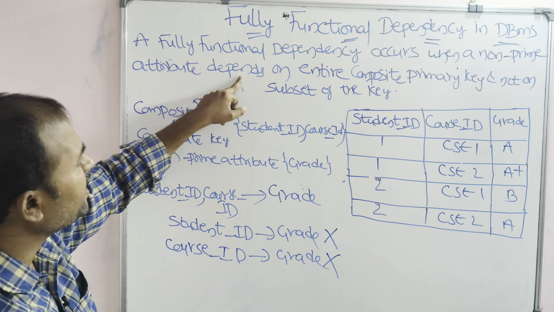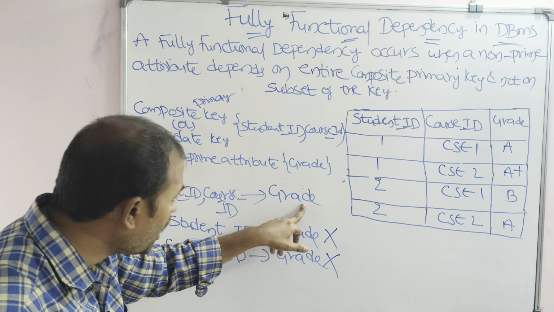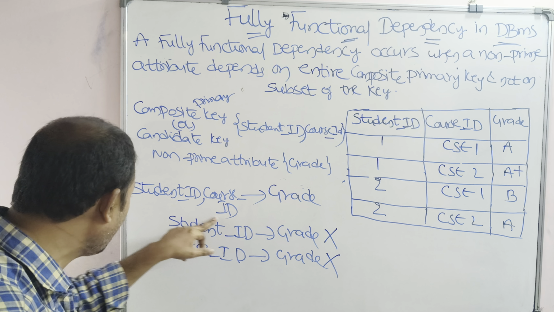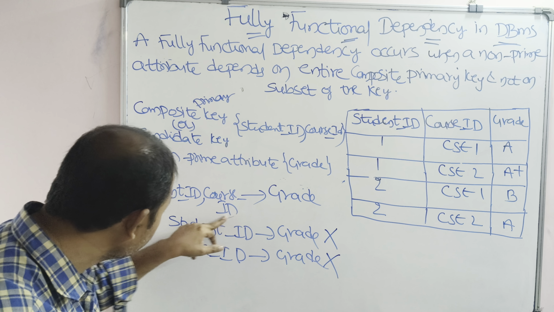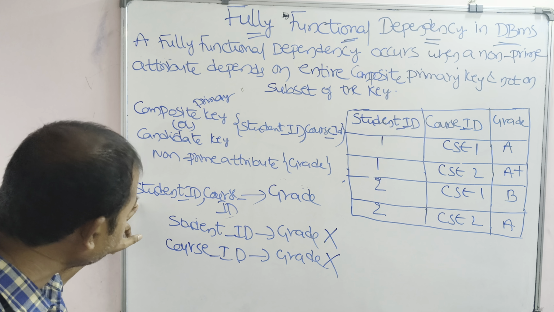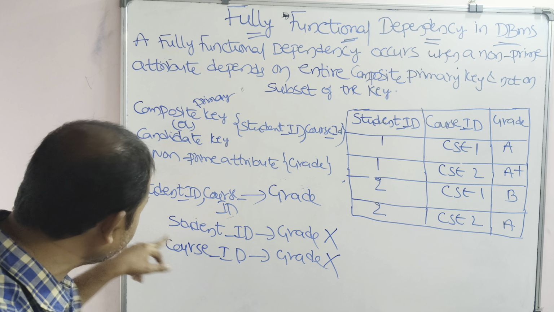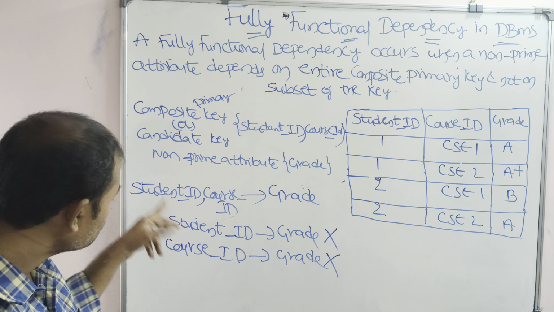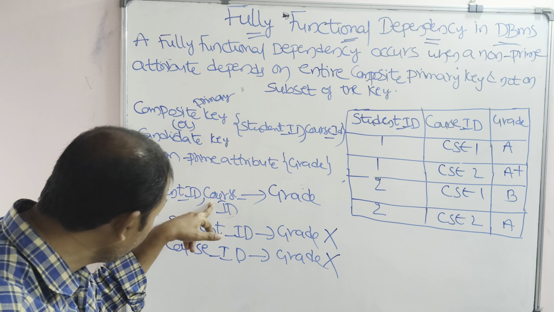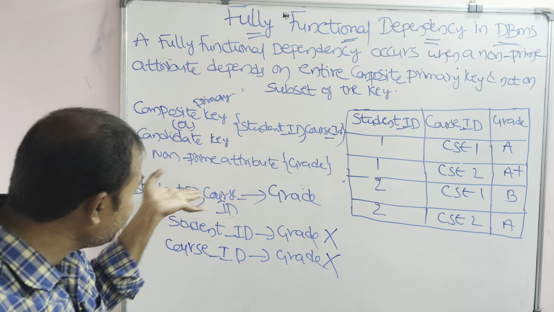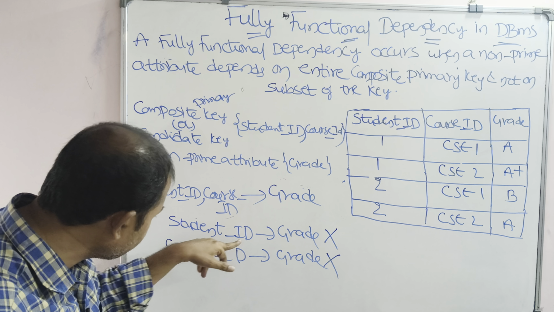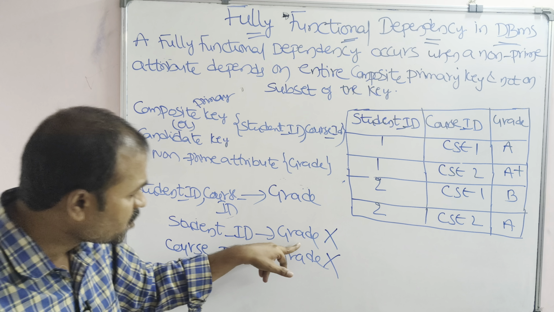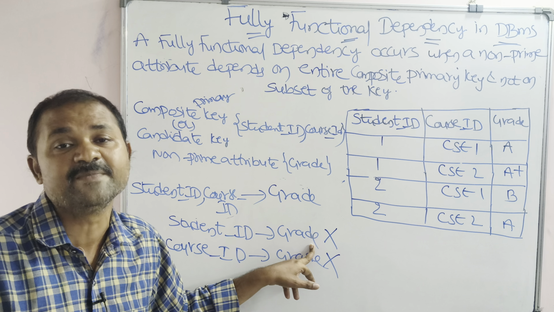The non-prime attribute is depending on the entire composite primary key, the entire candidate key, rather than a subset of the candidate key. So if we remove an attribute from the candidate key, then the candidate key is not determining the non-prime attribute.